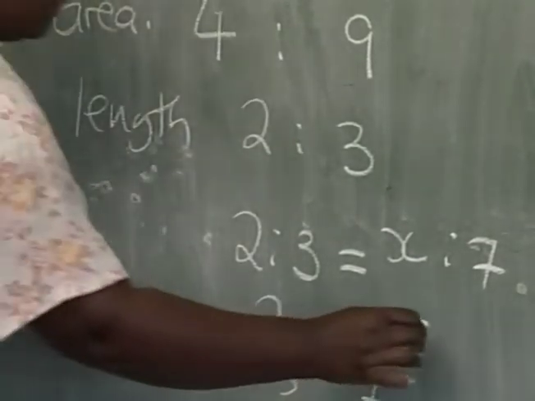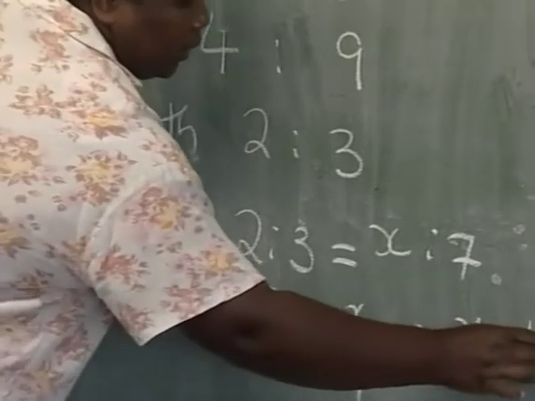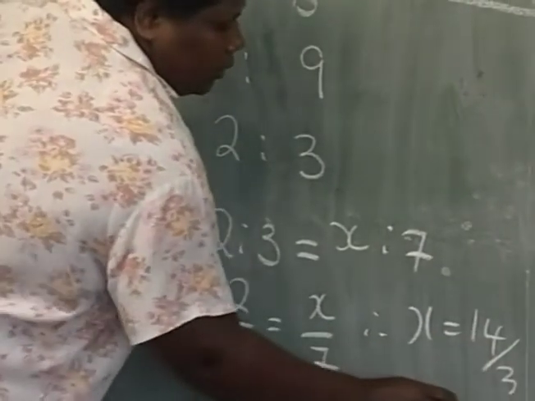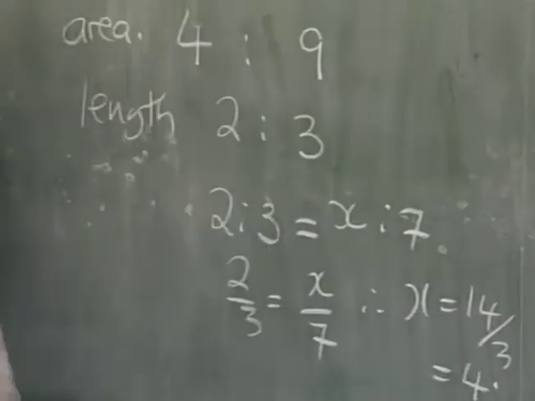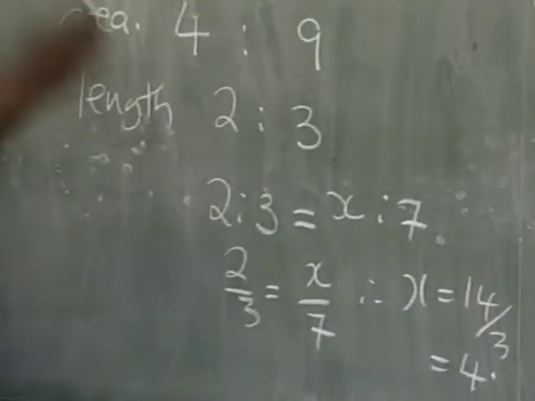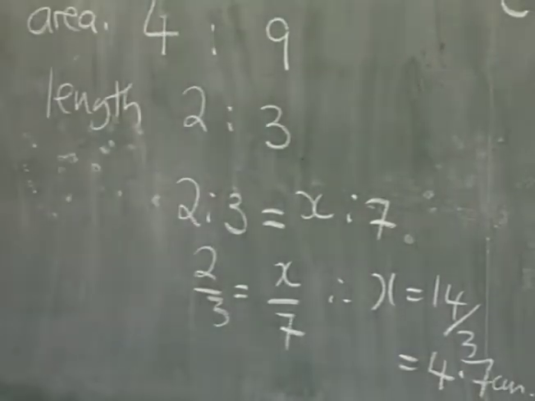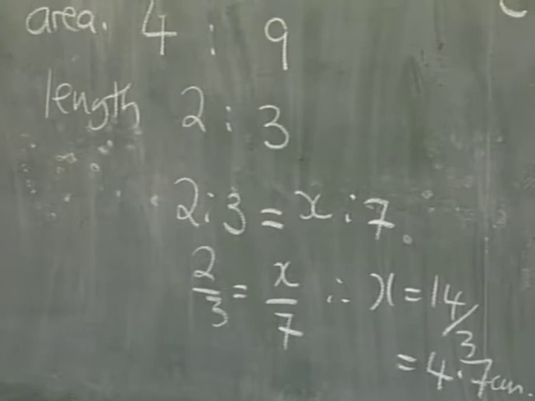X is equal to 14 on 3, which is 4.66 recurring, which is 4.7 to 1 decimal place. Okay, very good.